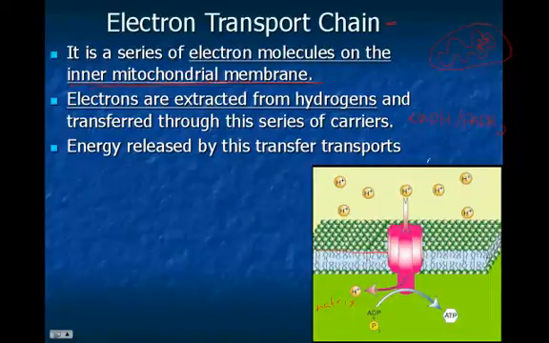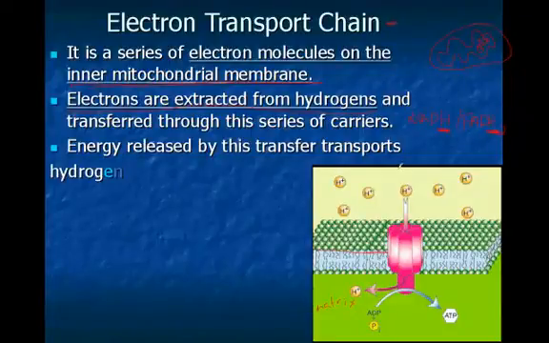So basically they're going to release their electrons by releasing these hydrogen ions. And so again, this is where they say the electrons are going to be extracted from the hydrogens that were transferred by these lovely hydrogen carriers.